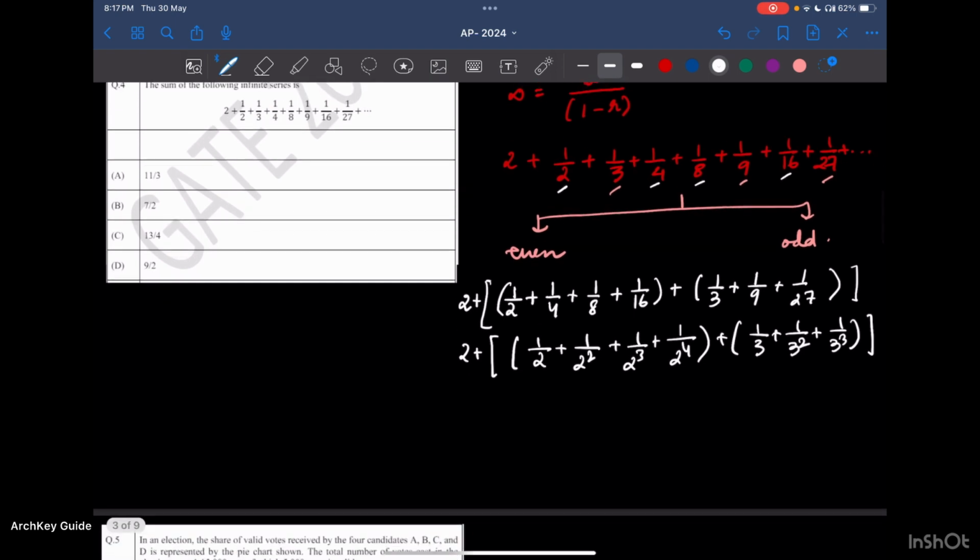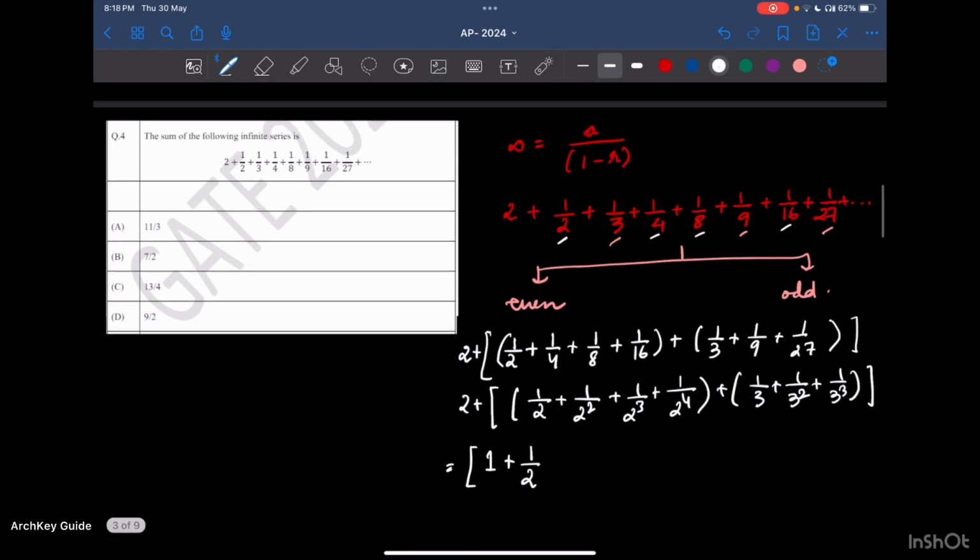One thing we can do is add this 2, as in we can divide this 2 into two parts, 1 plus 1 by 2. Why? Because we have to use the infinite series formula, and this can be divided into both the parts. So I'm just adding this up here. 2 square plus dot dot dot plus 1 plus 1 by 3 plus 1 by 3 square plus dot dot dot.